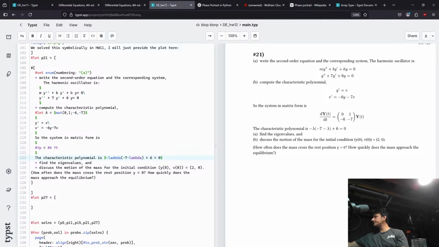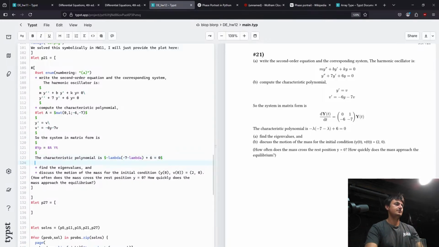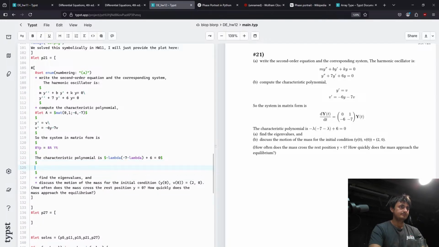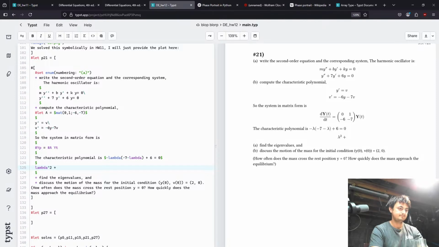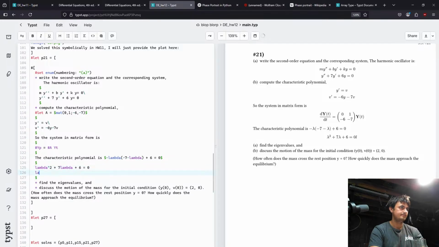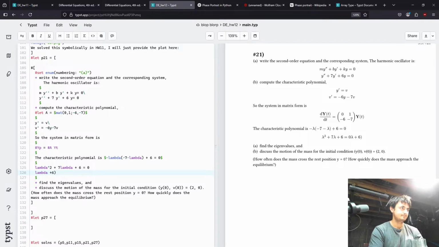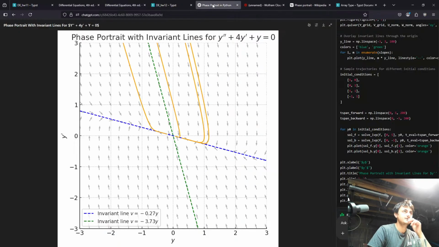Lambda squared plus 7 lambda plus 6. Okay. Let's just do this. So then this becomes, wait, hold on. Find the eigenvalues. Okay.